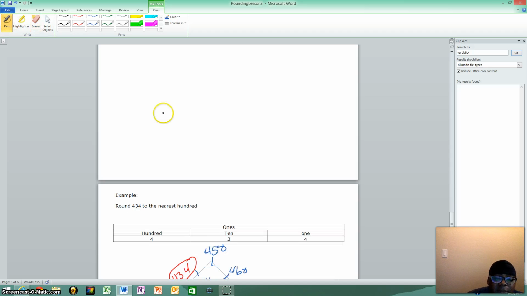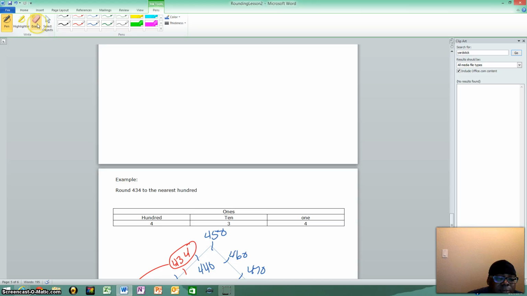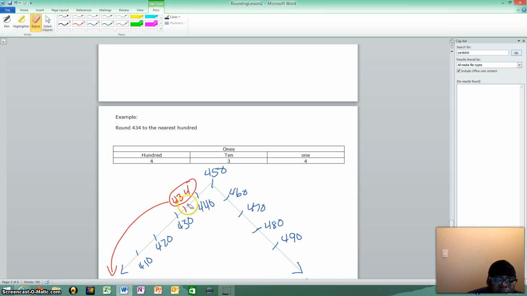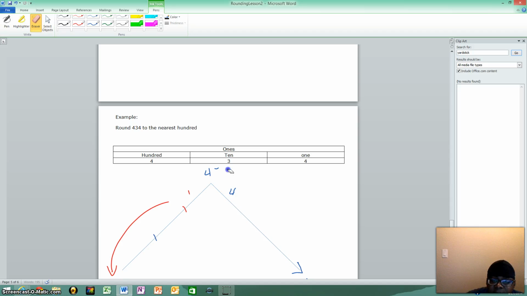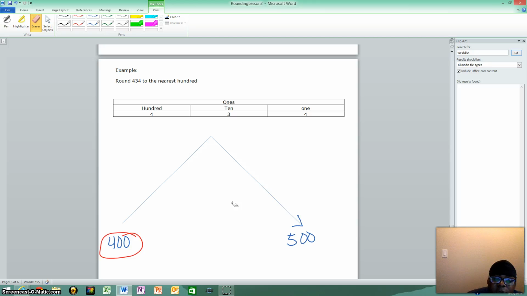And now let's talk about rounding using an inverted number line, or a number line that looks just like a mountain. We're going to use our same example of 434 being rounded to the nearest hundred. If we made this look like a mountain, remember you must go up a mountain, then down a mountain.